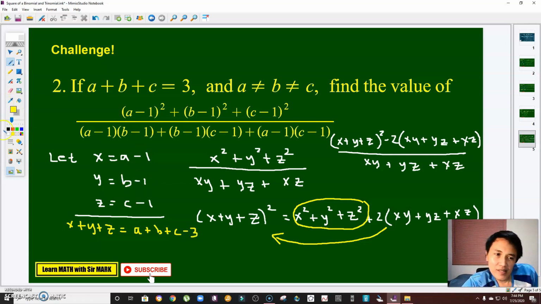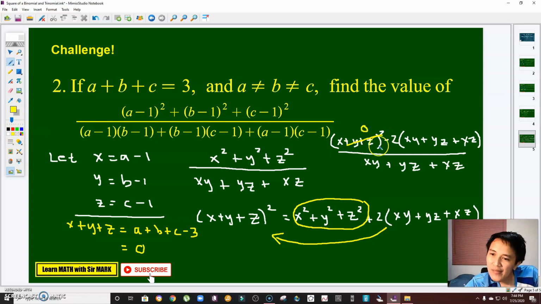But the good thing here is that A plus B plus C is equal to 3. So X plus Y plus Z is simply equal to 0, because 3 minus 3 equals 0. See that? So this one is 0.